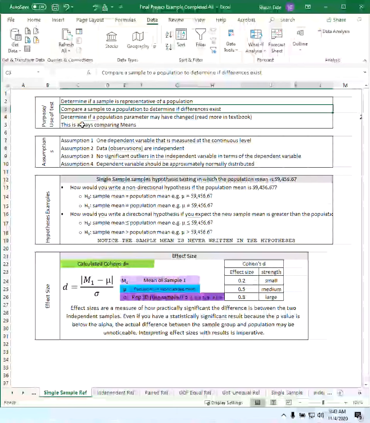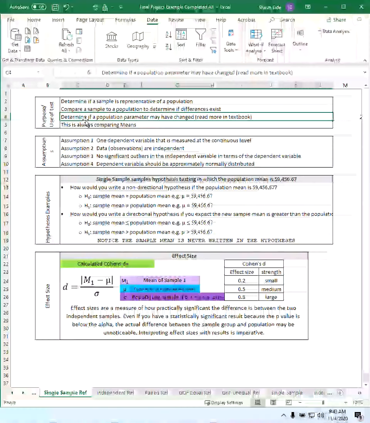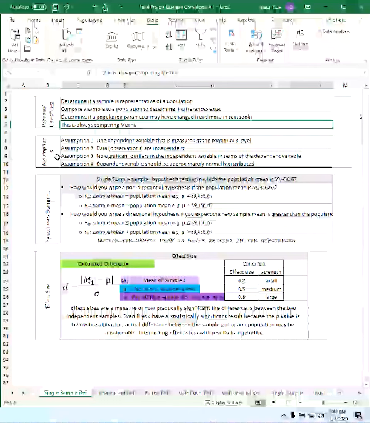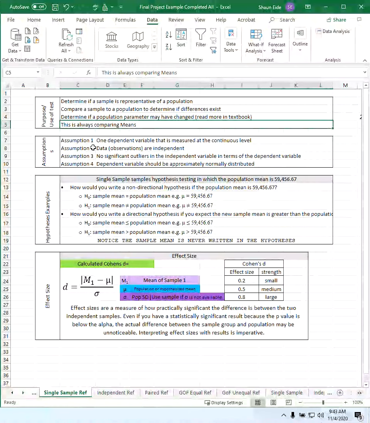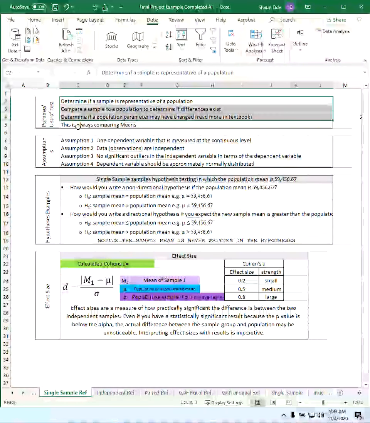You can compare a sample to a population to see if there's a difference between the two. And then you can determine if a population parameter has changed. And then you're always comparing the means here. So what I want you to do for the purpose is literally take one of these three, and tailor it to whatever your data set is.